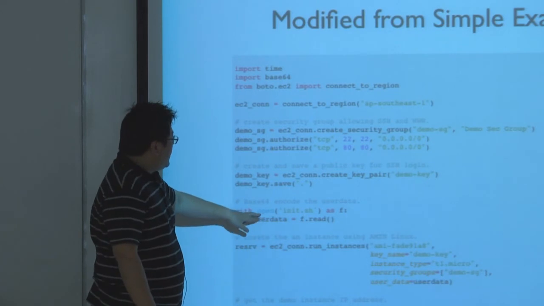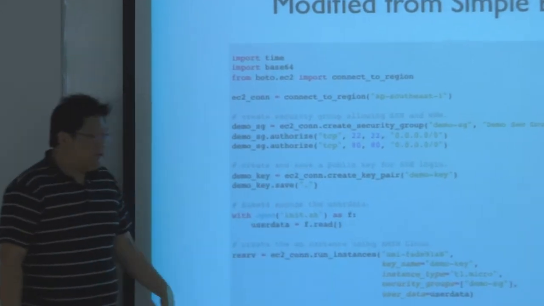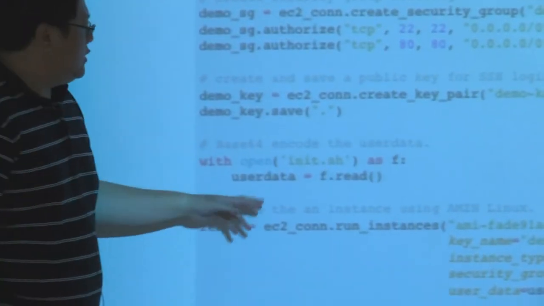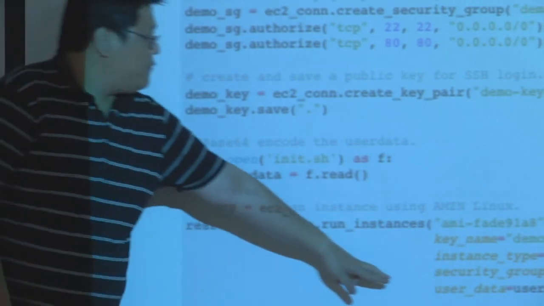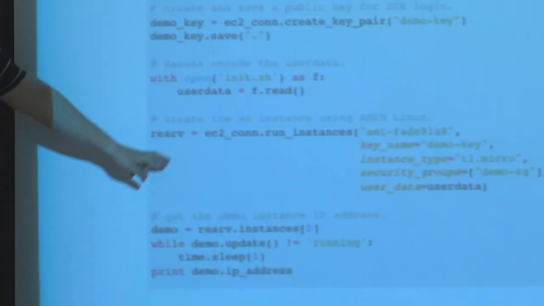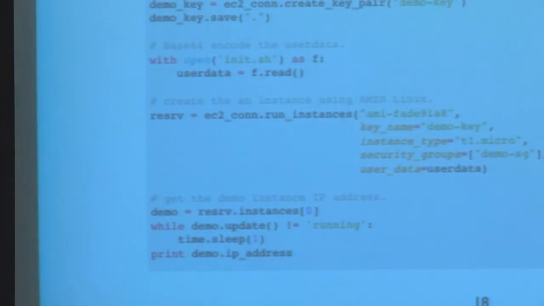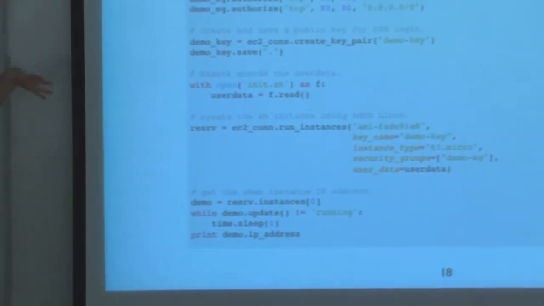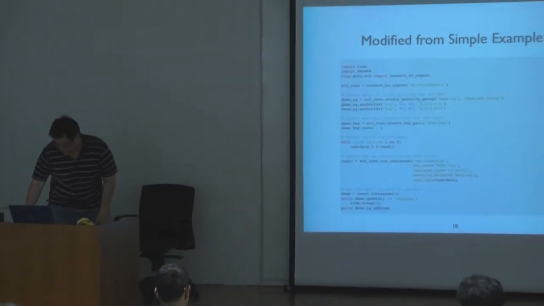I've added opening init.sh as the user data. So it's very simple. It reads user data as a string, puts it as an argument in EC2 connection run_instances. Run instances creates your instances, and in this case, it adds the user data to the instance to run.